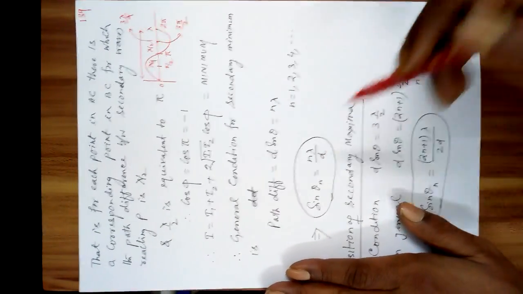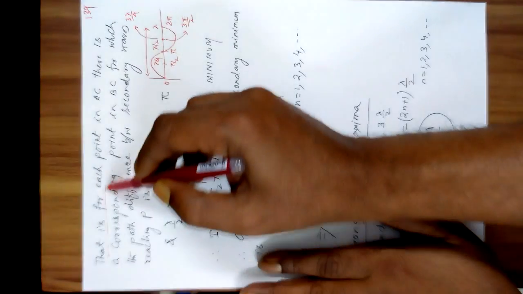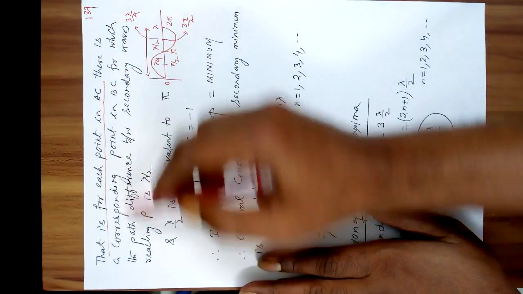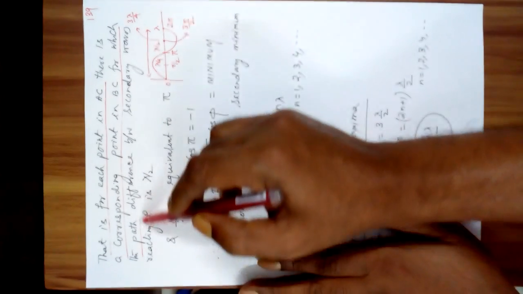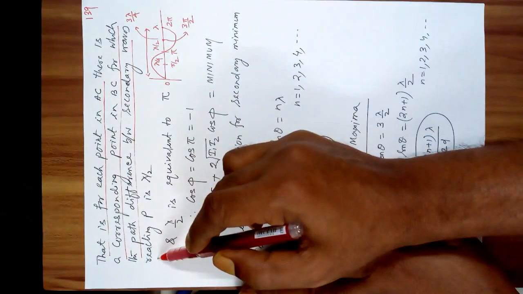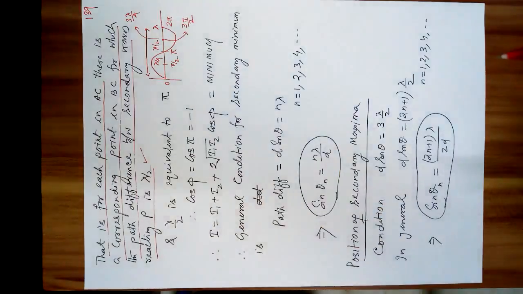And what is lambda by 2 in terms of phase? For each point in AC, there is a corresponding point in BC for which the path difference between the secondary waves reaching point P is lambda by 2.